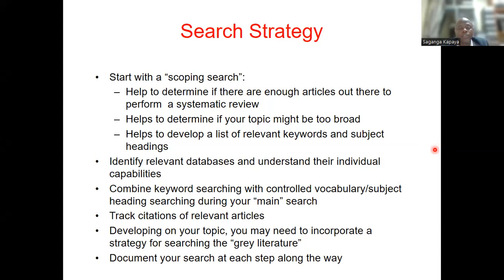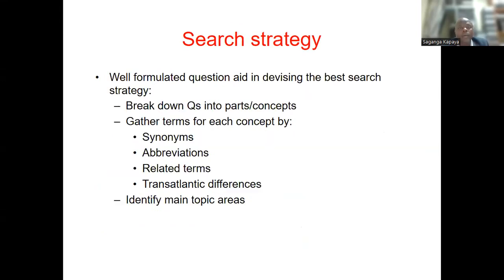It helps to determine if your topic might be too broad. It helps to develop a list of relevant keywords, etc. It also helps you to identify relevant databases. You also need to combine keyword search with controlled vocabularies, etc. And all these issues that you need to consider. But what is important, you need to document everything that you're doing, okay?